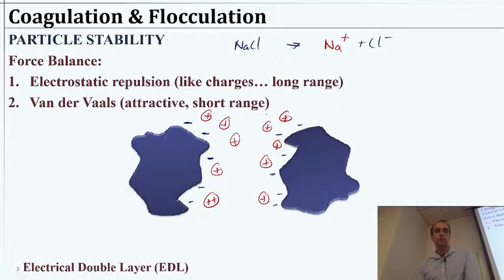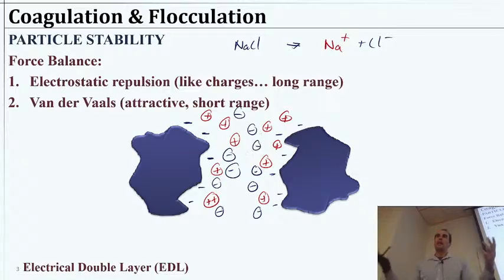It won't be perfect. It'll be a little messy and a little bit random. There will be diffusion still. But in general, you end up getting a net double layer, an electrical double layer, where both particles kind of have a stiff arm out saying, hey, you're not getting any closer to me because as soon as you do, I'm pushing you away with my electrostatic charge.